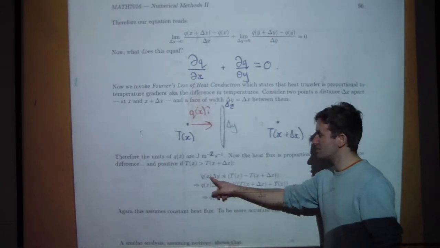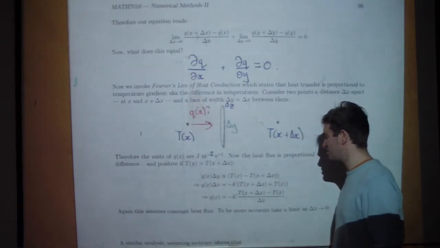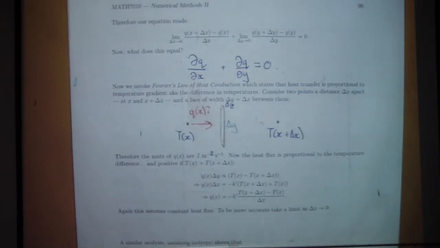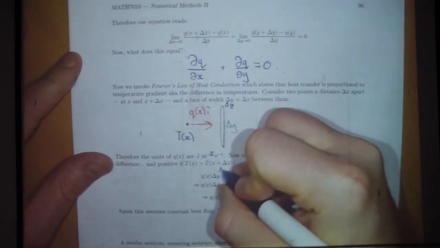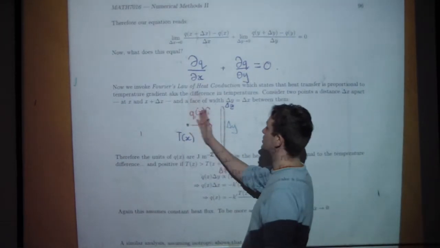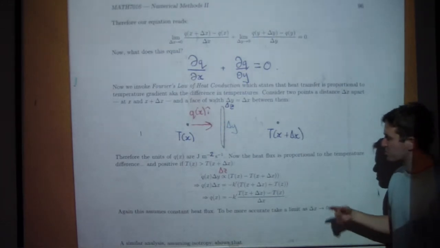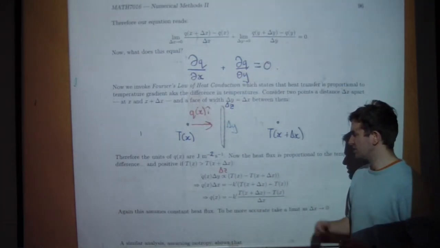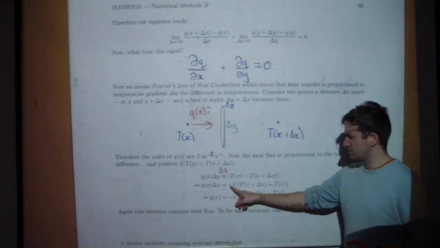It's missing a bit of delta Z, but I think I can divide it out at the very end, so throwing in all delta Z here. So the heat transfer through this little window is proportional to the difference in these temperatures. And in particular, to get the right sign, this should be minus.